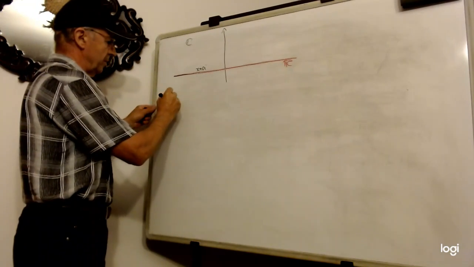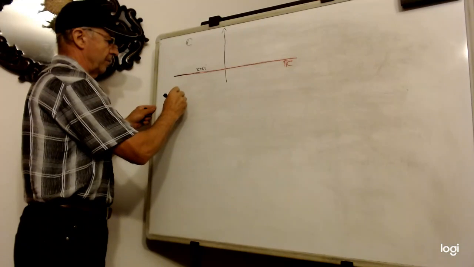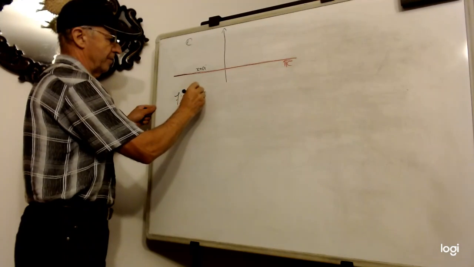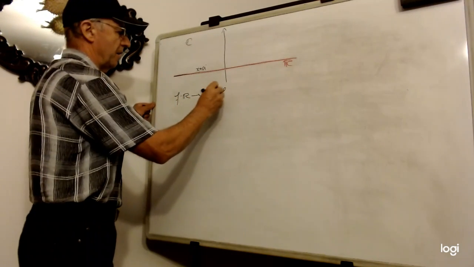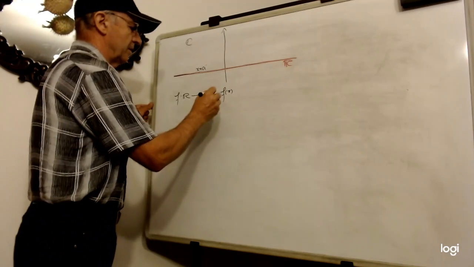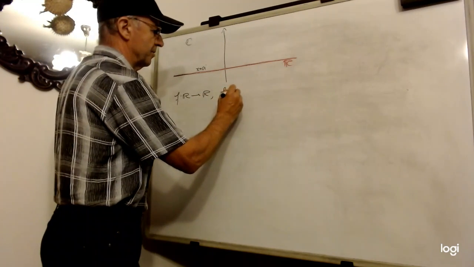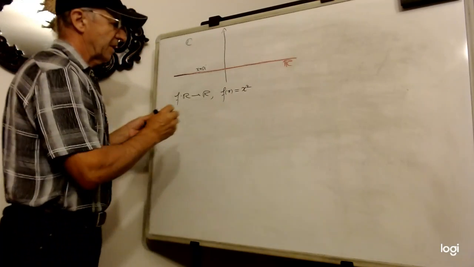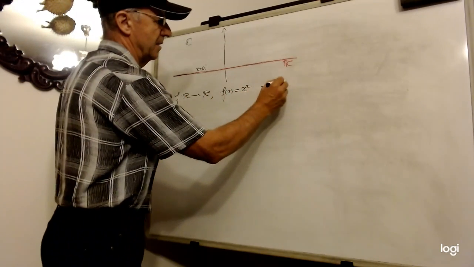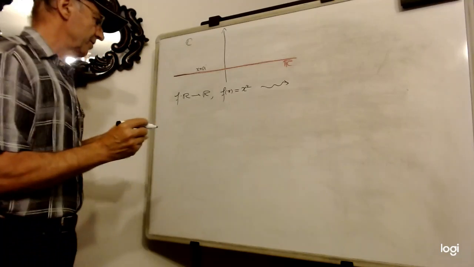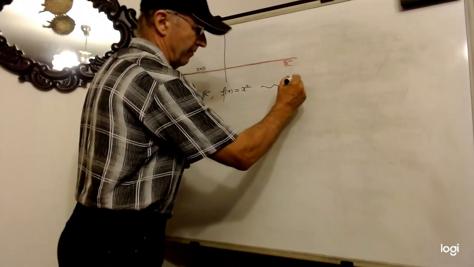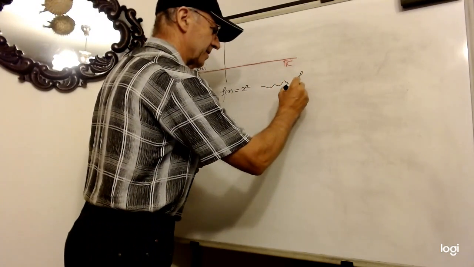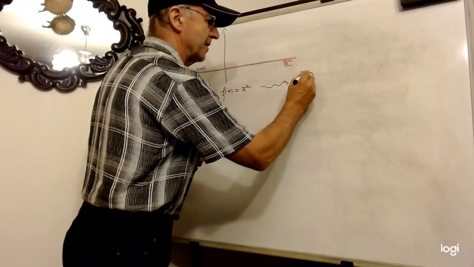For example, the real function of real variable f of x equals x squared can be extended up to a complex function of complex variable.